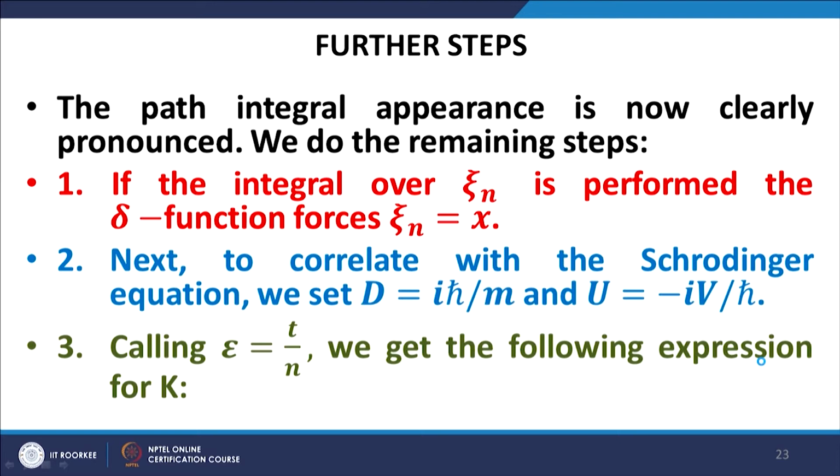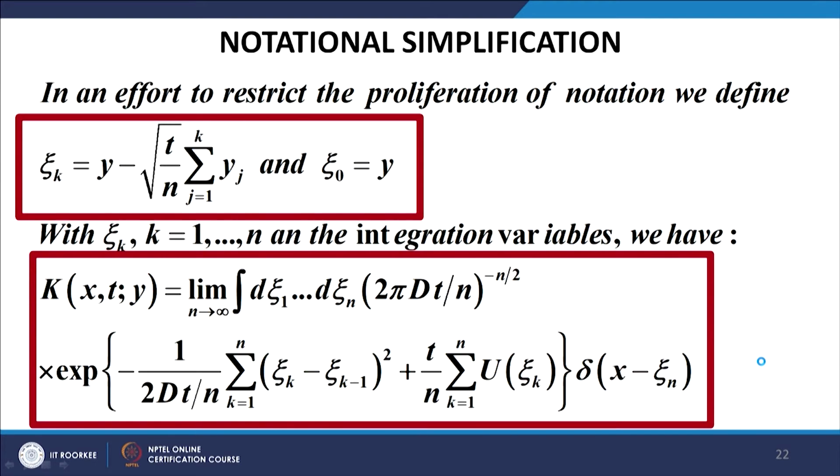Some fundamental steps need to be done. We have a delta function here, delta of x minus xi n. When this integration is done over xi n, all the xi n's will be replaced by x. So, that accounts for the delta function integration.